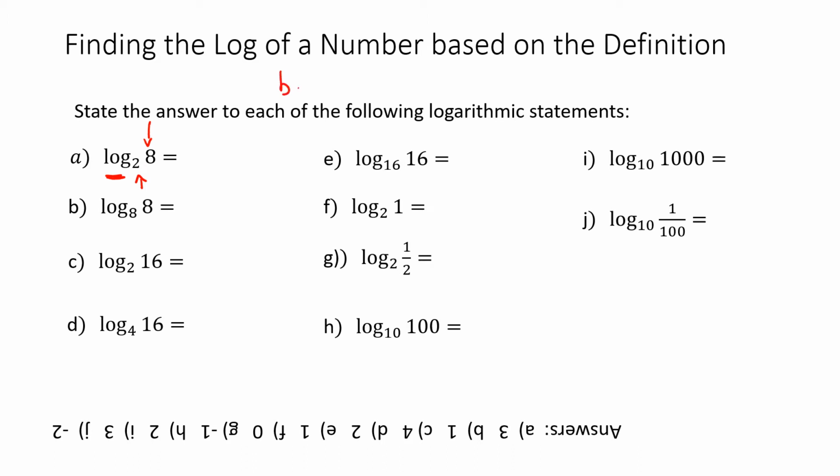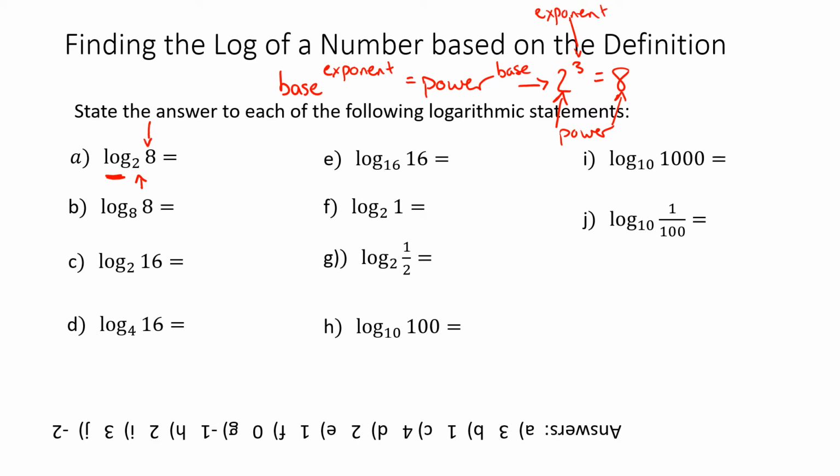Remember, you had a base raised to an exponent, and that was equal to your power. So 2 to the exponent 3 is equal to 8. So this as one piece, or the 8, are known as the powers. The number 2 is the base, and the number 3 is the exponent.